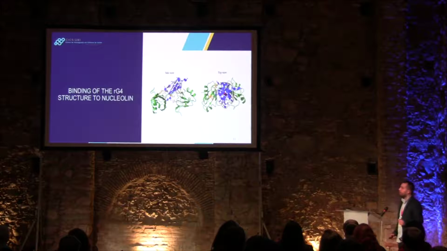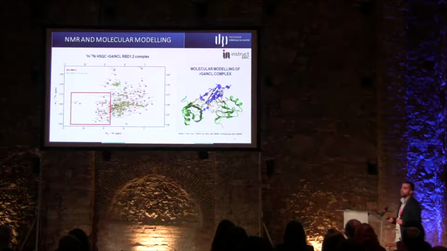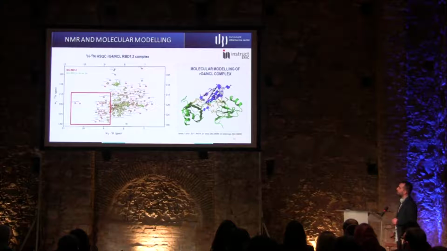Next, we evaluated the binding of the G-plex to domains 1 and 2 of nucleolin by 2D NMR and molecular modeling. To this purpose, we used domains 1 and 2 of the protein that was produced by our partners from an Instruct-ERIC platform. Again, the results show the strong interaction of the G-quadruplex with the protein, as seen by the loss of intensity in the signals that are enclosed in red.